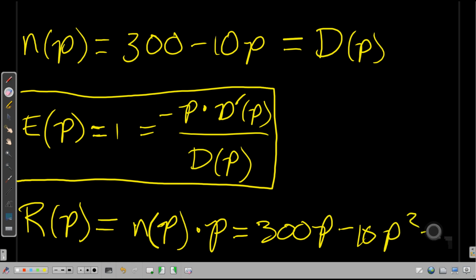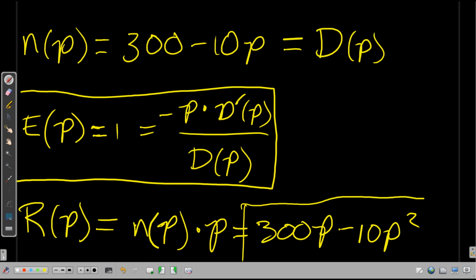And we would take its derivative and set it equal to 0, find the critical value.